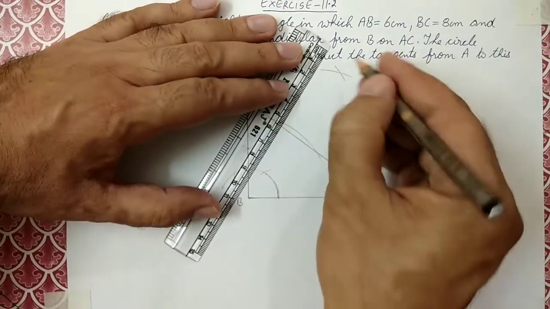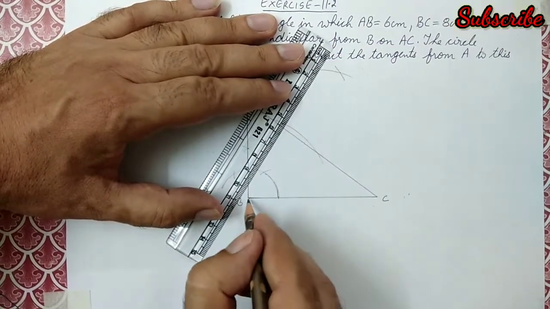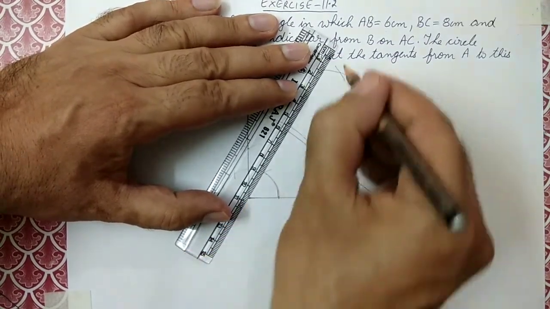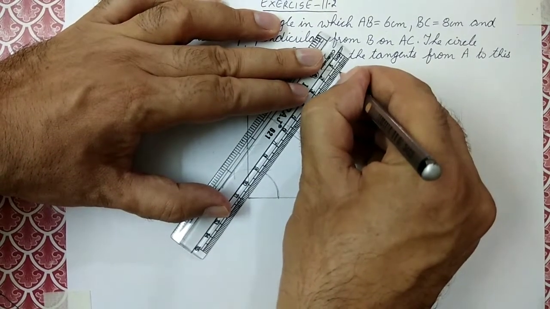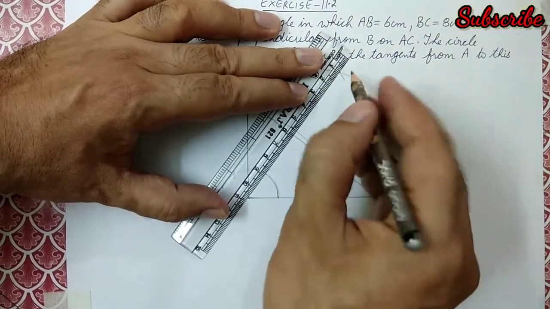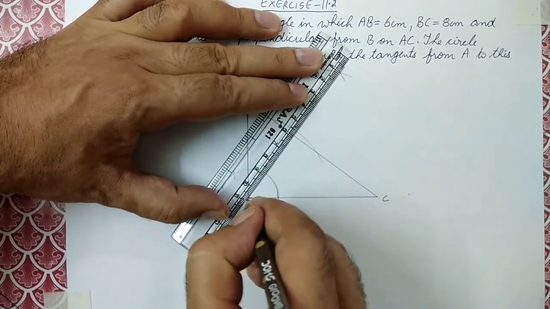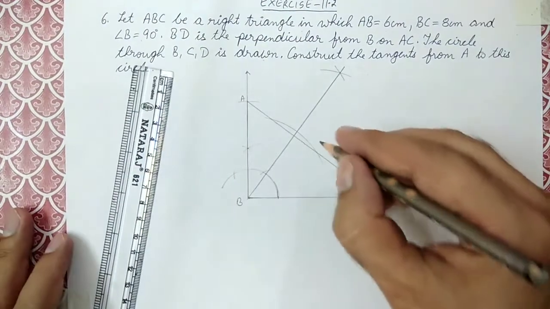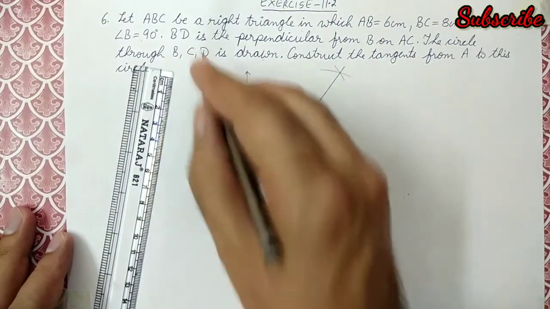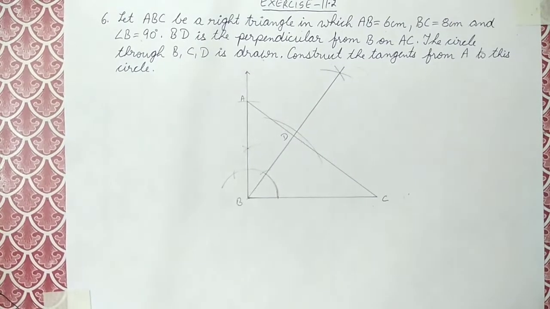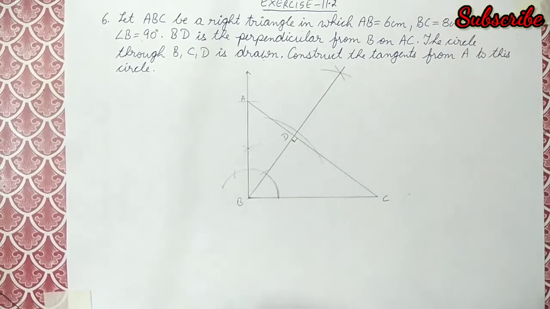From here, this point is joined with the point B. Now this is the perpendicular from B on AC and I mark this point as D as it is given. BD is the perpendicular from B on AC. So this is an angle of 90 degrees.